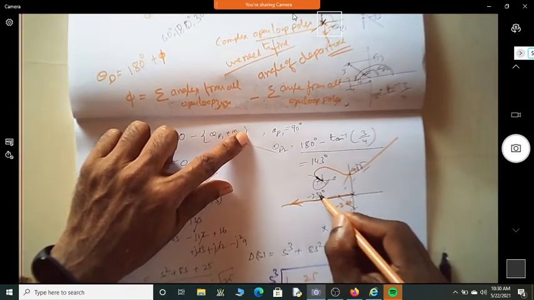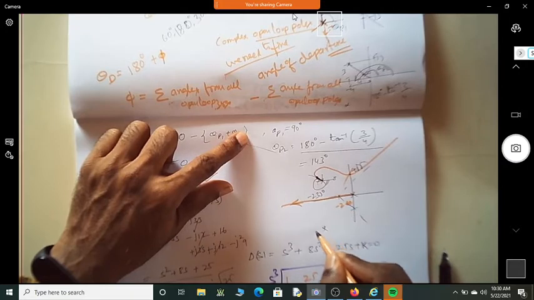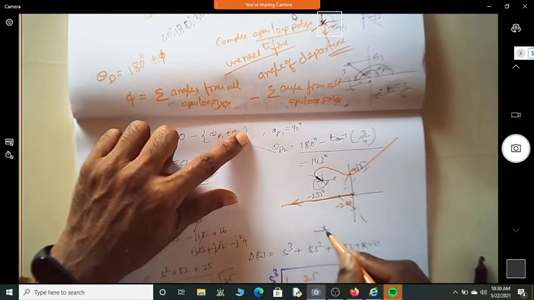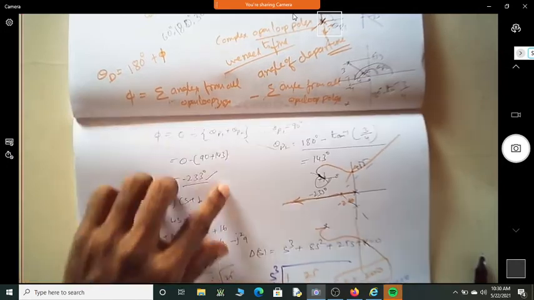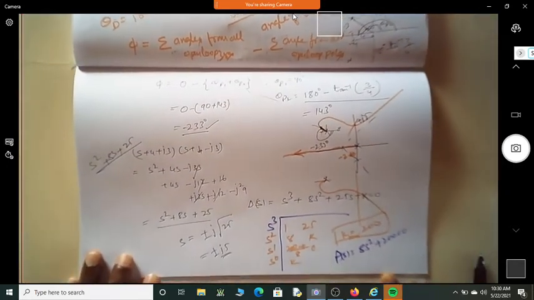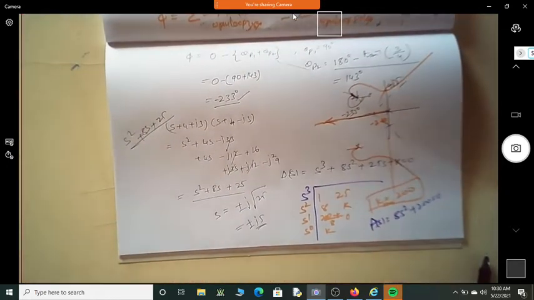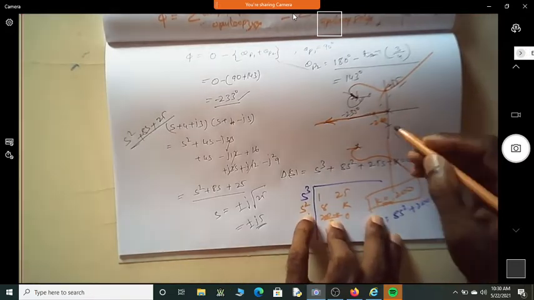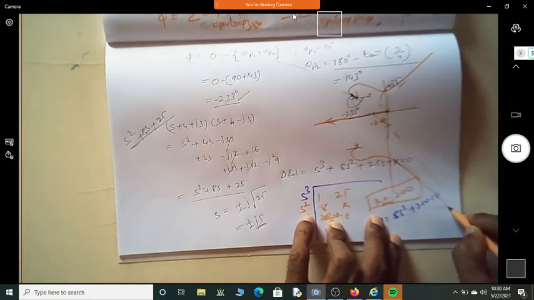So here it is actually minus 233, here it will be plus 233, and it just goes like this. Finally we have this one, which will go along with that.